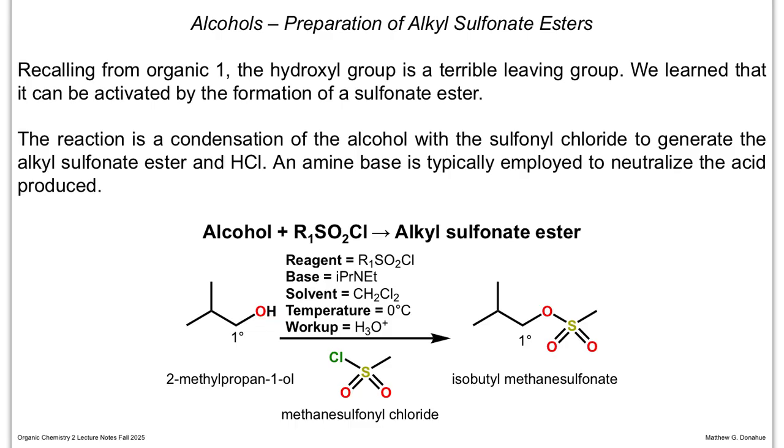So for example, if we had that same alcohol and we just treated it with sodium bromide, this SN2 reaction would never occur because the OH group is a bad leaving group.